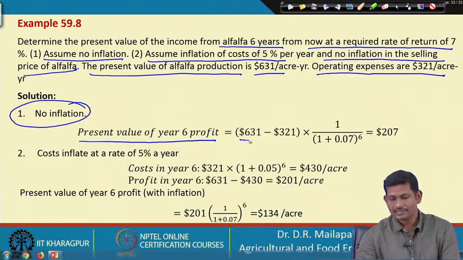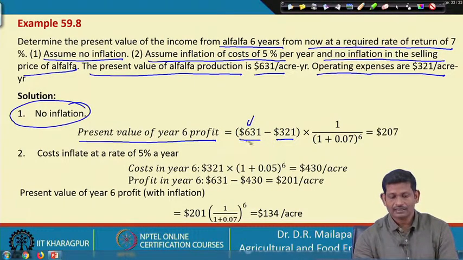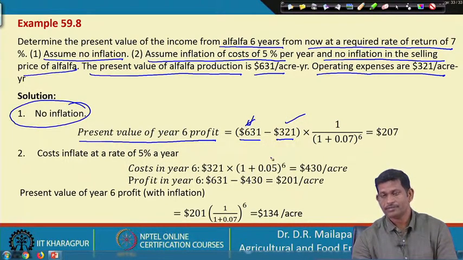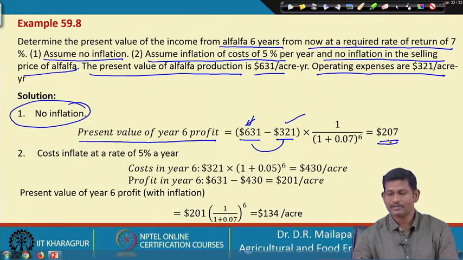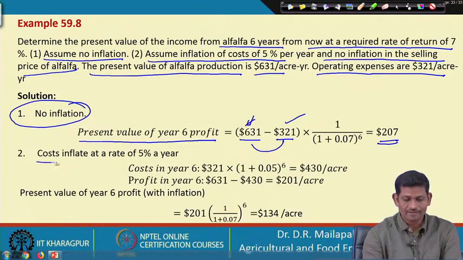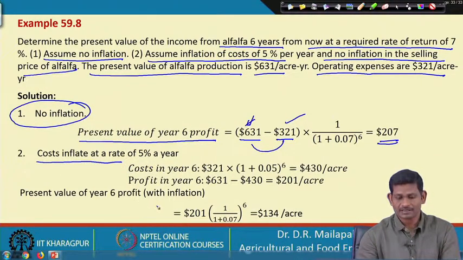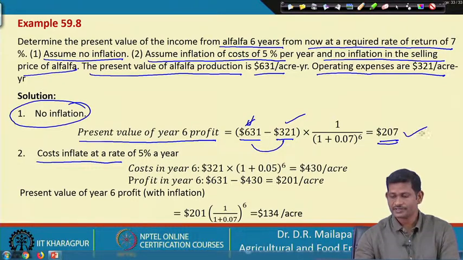Now, the present value of year 6 profit. 631 is a present value, and then there are the operating expenses. For that difference, you calculate the present value, which is $207. Then the cost is inflated at a rate of 5%. So, this is with no inflation, this is the present value, and it is positive.